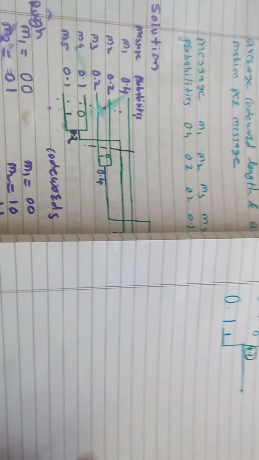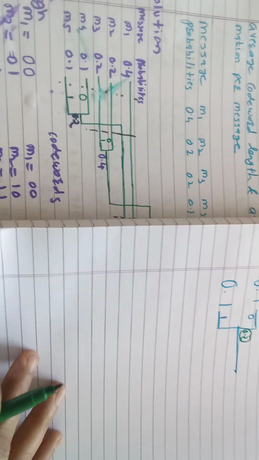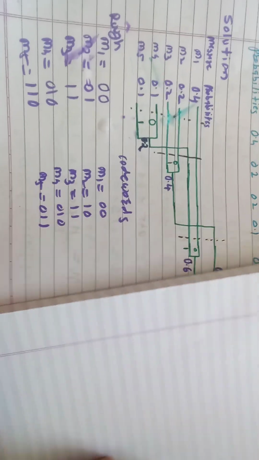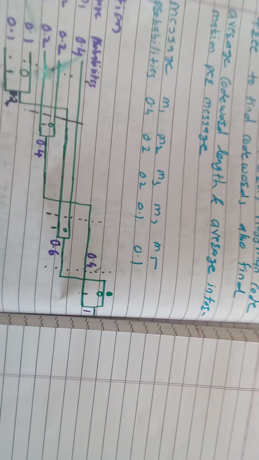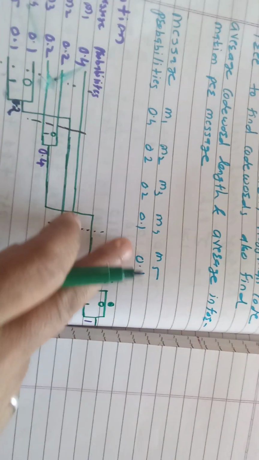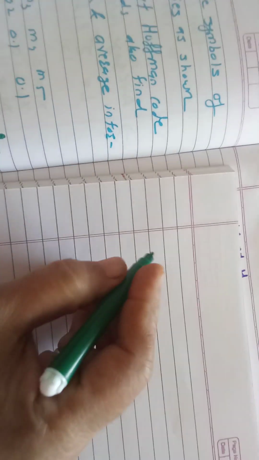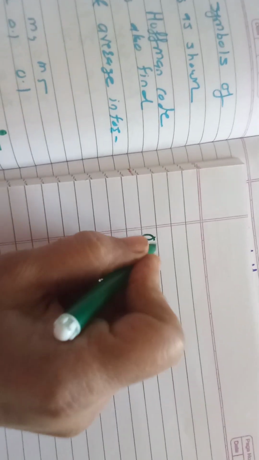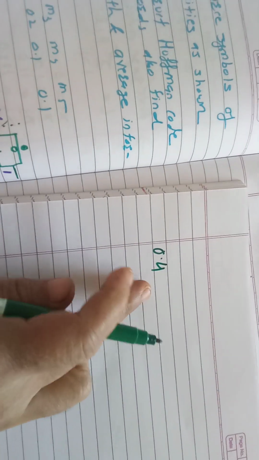So the first step of the Huffman tree is to arrange the probabilities in descending order. The probabilities given are 0.4, 0.2, 0.2, 0.1, 0.1. So write down the probabilities. 0.4 is the highest, so it is on the top.